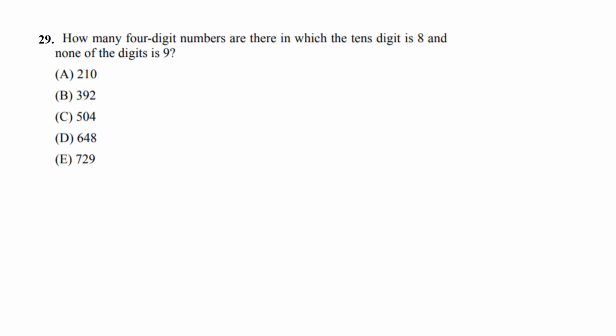Okay, here's another interesting one. How many 4-digit numbers are there in which the tens digit is 8 and none of the digits is 9? Very interesting. So when it comes to these types of problems, you might as well start mapping out the 4 digits, right? Here's digit 1, 2, 3, and 4. I'm not going to go through every single possible one.